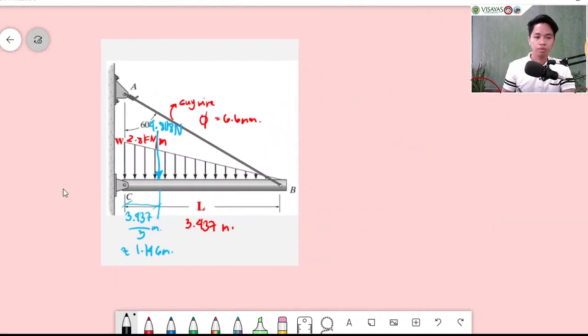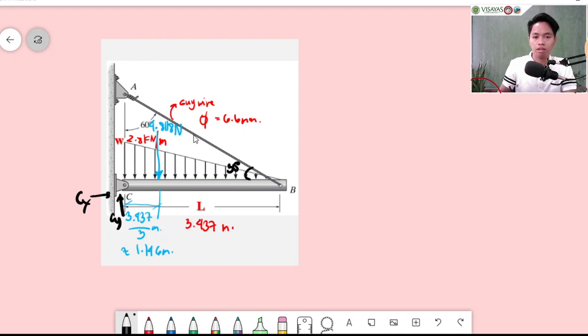Okay, so we have here pin at C, right? In statics, we will have here your CY and your CX. If this is 60, this would be 30, right?